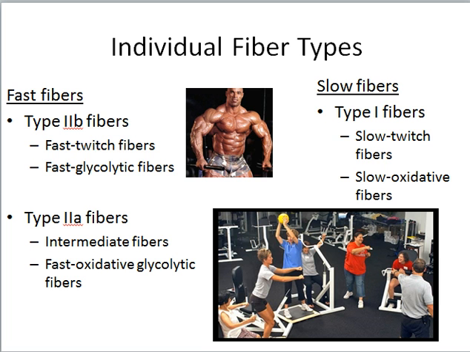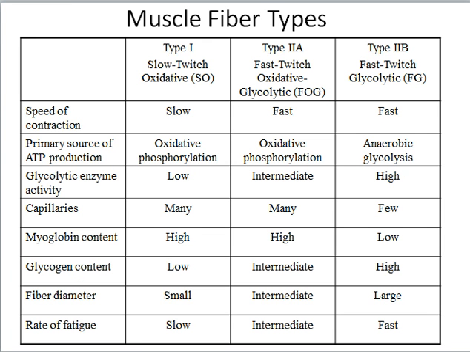So we will definitely discuss this in class and practice which types of muscle fibers do what in greater detail when we get back into class. But this is just one more slide showing you a table of the different characteristics of the muscle fiber types.